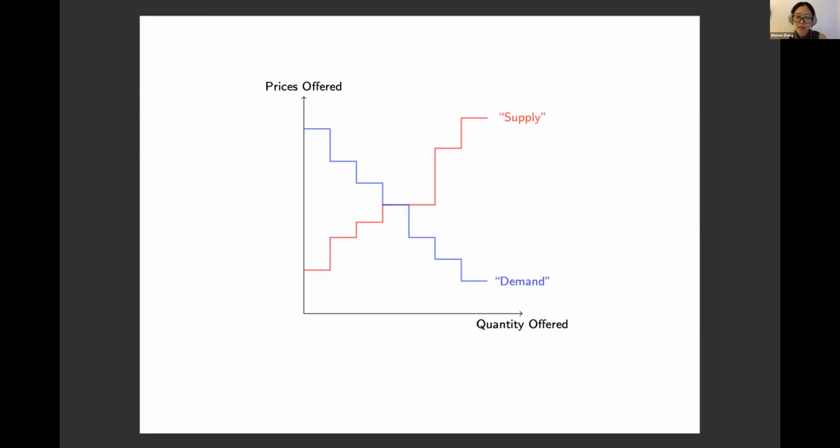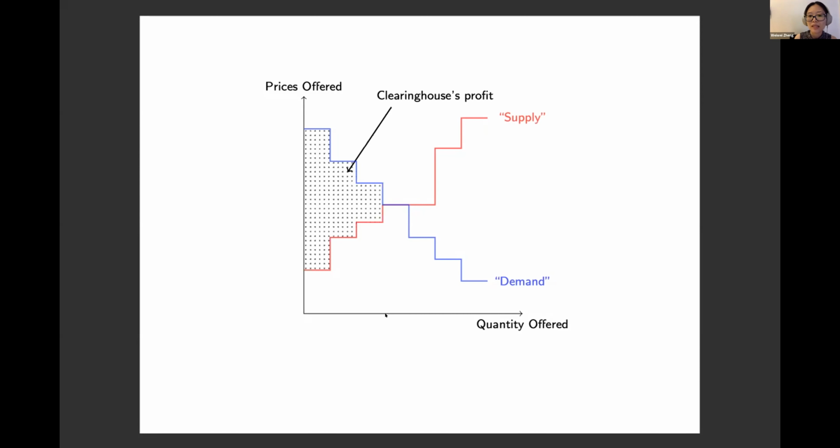So here's what the buyers and sellers proposed to submit to the clearinghouse. The clearinghouse will rank all the bids the buyers submit from high to low to form a pseudo demand curve, and rank all the asks from low to high to form a pseudo supply. And as an intermediary, the clearinghouse will execute the transactions on this part so it can make profit out of it.